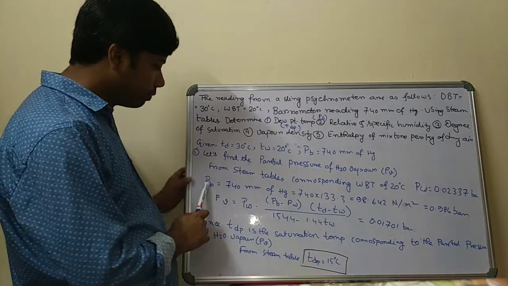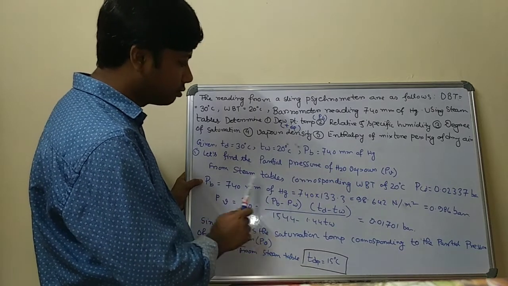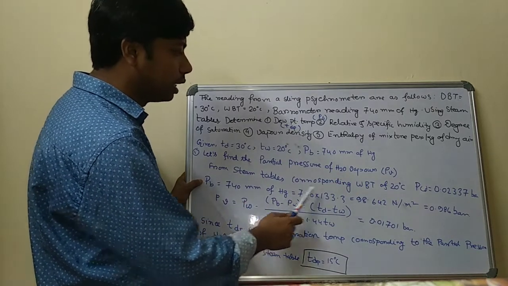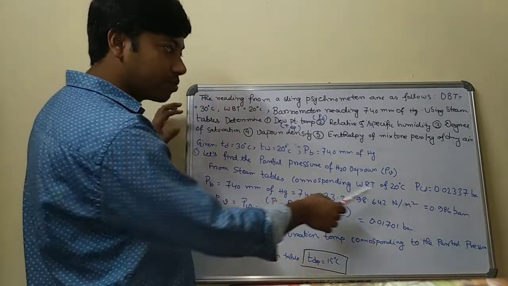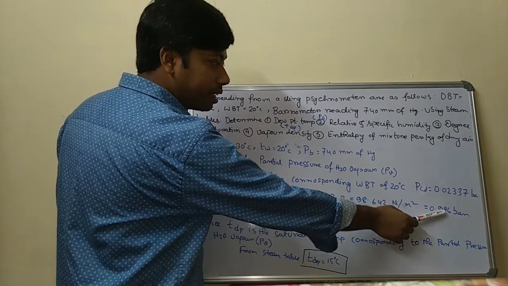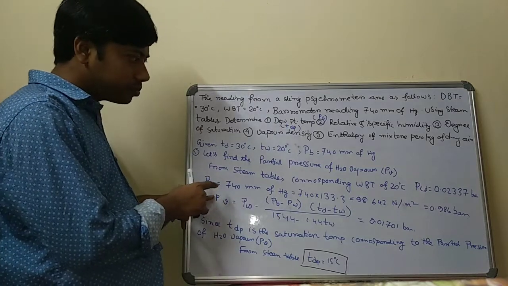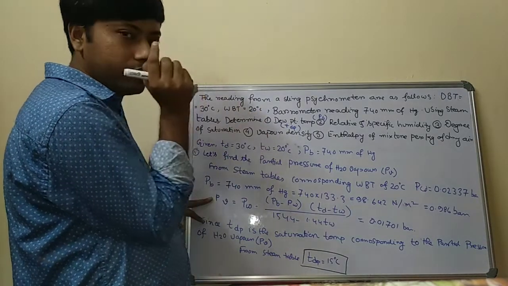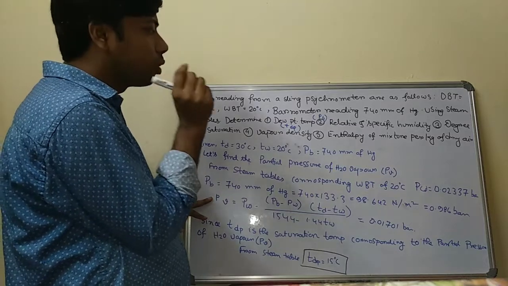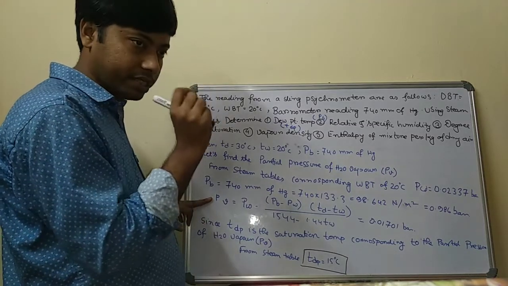The barometer reading is 740 mm of Hg; converting it into bar, 740 mm of Hg is 0.986 bar. Because you have to determine the dew point temperature, first you have to calculate the partial vapor pressure.